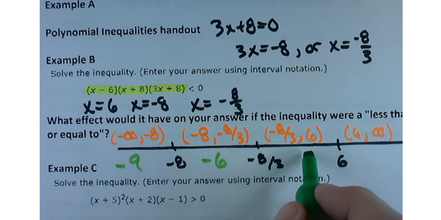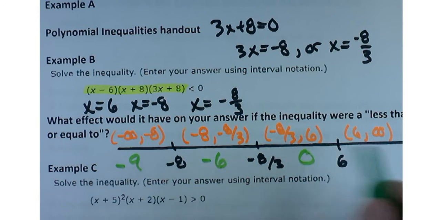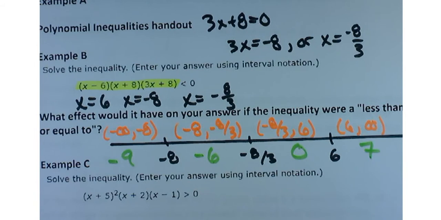What's a nice easy number? 0, thank you. And finally, something between 6 and infinity, 7. I mean, you can choose a lot of crazy numbers, but you're not getting rewarded for working extra hard. So I wouldn't bother. Let's put this expression in yellow into our graphing calculator.